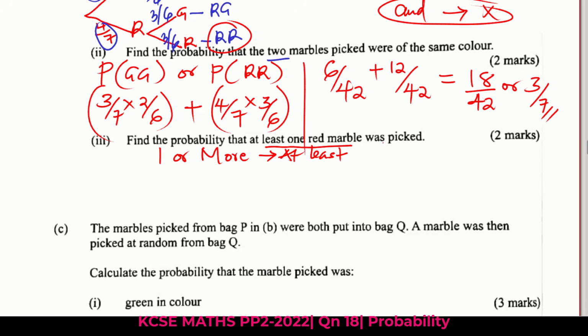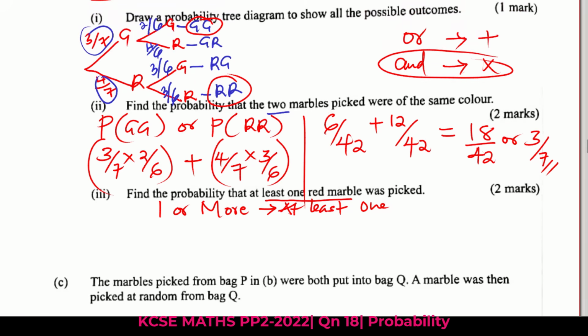At least one. So for these outcomes, you're going to check where we have one red marble or more. You notice that we have this one, green red, and this one, red green.